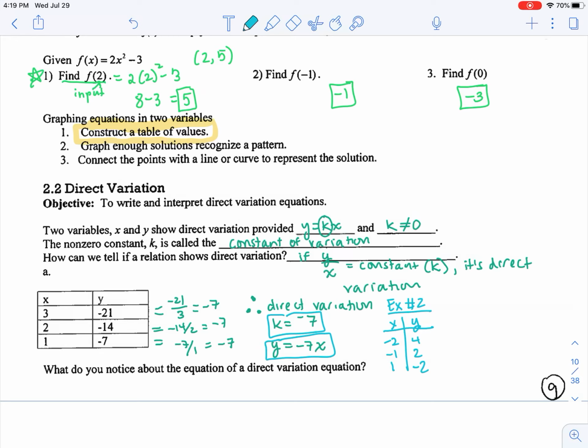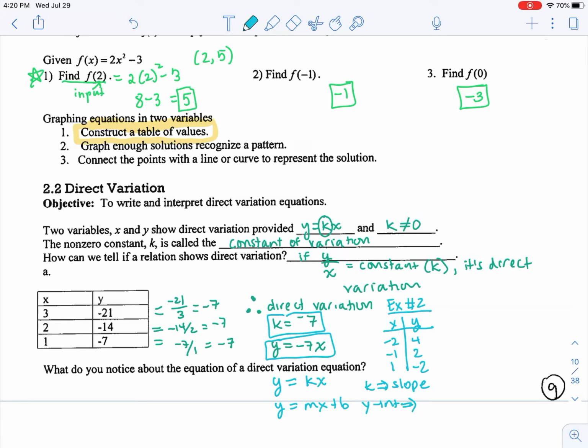So if you read the last question that we have here, what do you notice about the equation of a direct variation equation? So y equals k times x. Well, if we below that write y equals mx plus b, what would the k represent in our linear equation? K represents our slope in our linear equation.